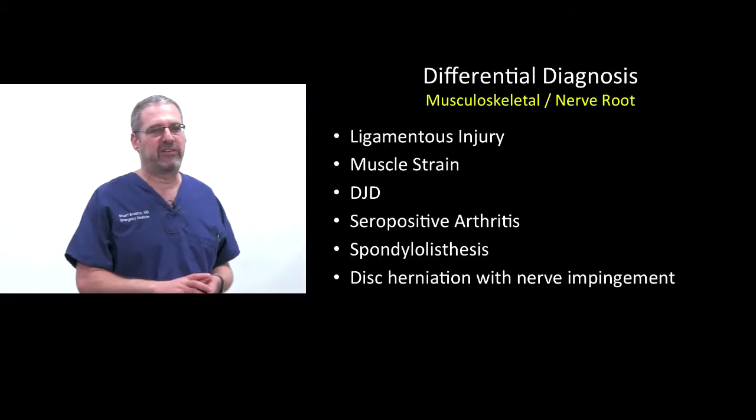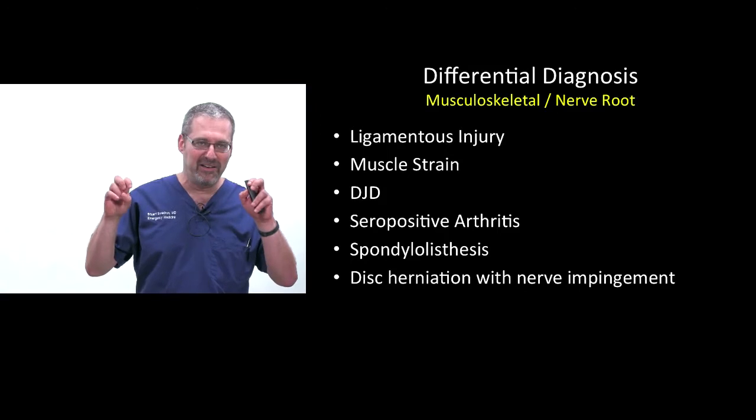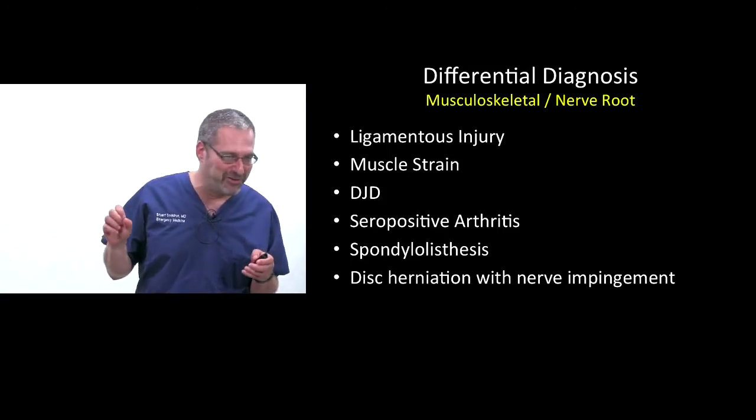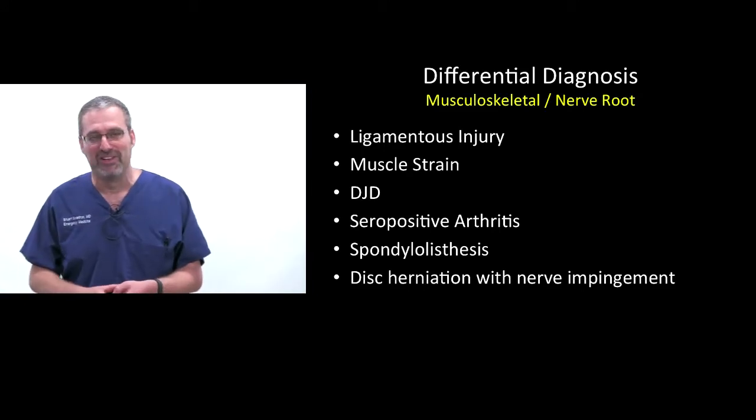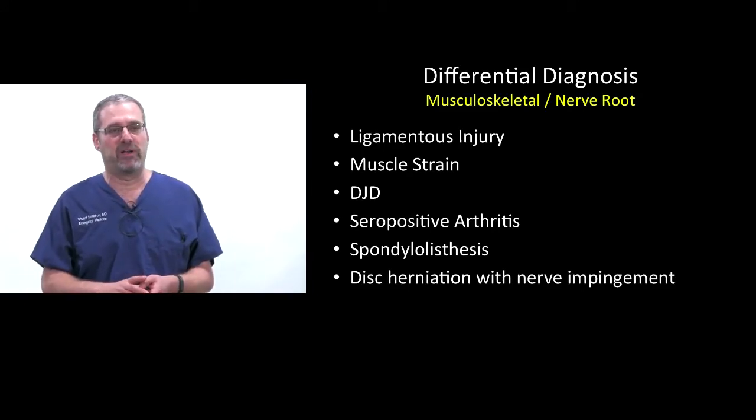And then when we get to the more, so to speak, benign diagnoses, not that I would tell patients that they're benign. People lose their jobs over these diagnoses, and I know that they can be quite debilitating.